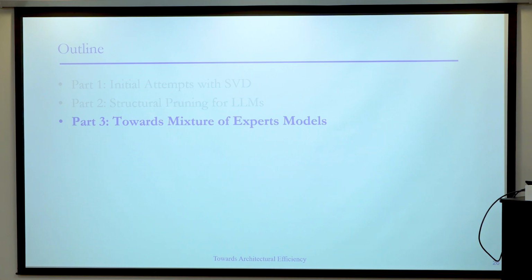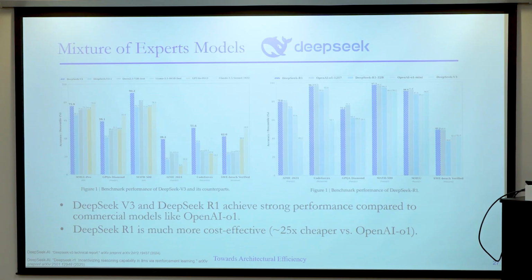And lastly, we will briefly talk about mixture of expert models. I believe some of you already know that DeepSeek models have been very popular recently, especially DeepSeek R1. DeepSeek R1 achieves very strong performance compared to commercial and closed-source models like the OpenAI o1 model.